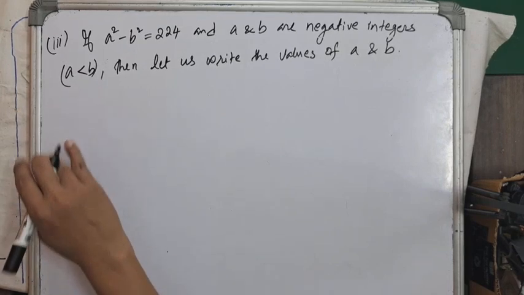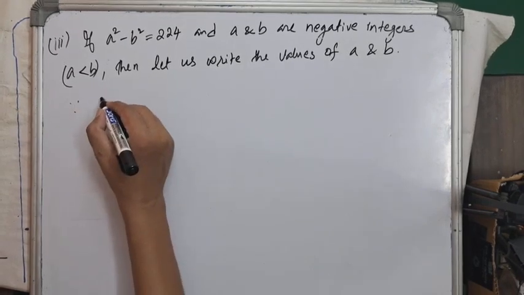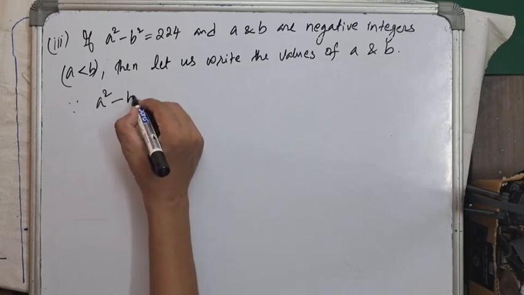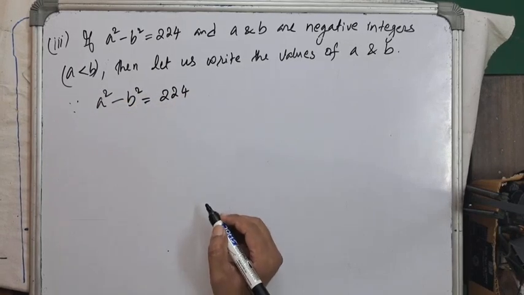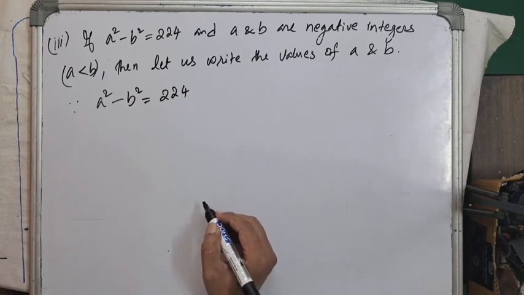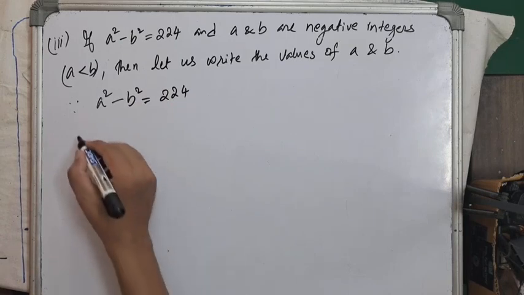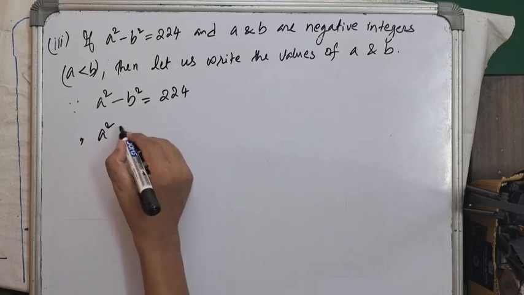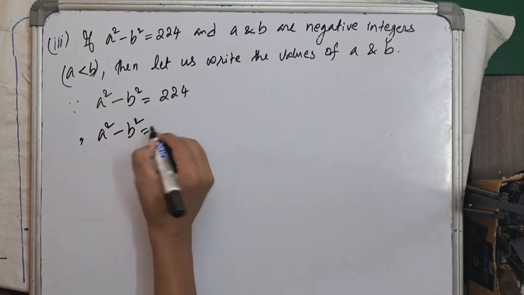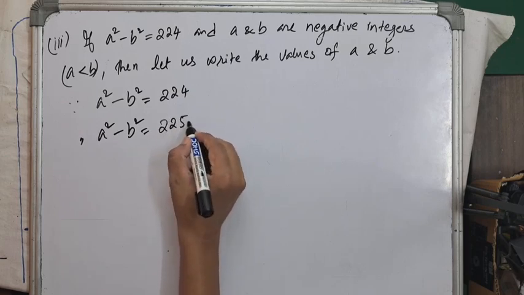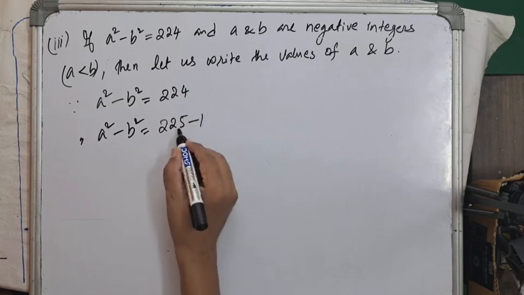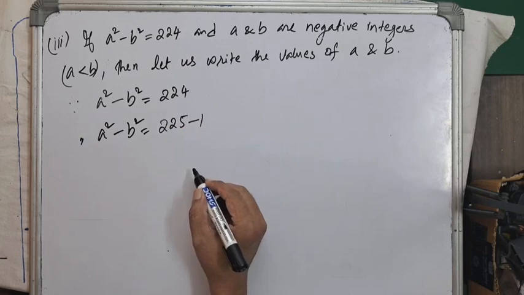So let's see the equation. Since a square minus b square equal to 224, this is the given equation, isn't it? So from this equation we will find the values of a and b. Or a square minus b square equal to, instead of 224 we write 225 minus 1. 225 minus 1 is 224, isn't it?